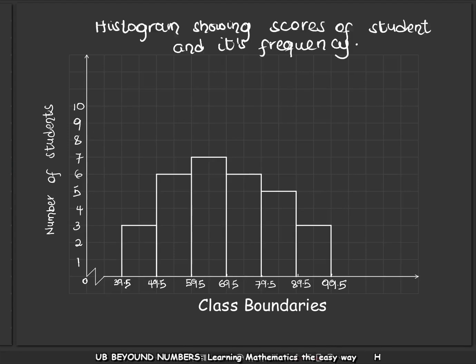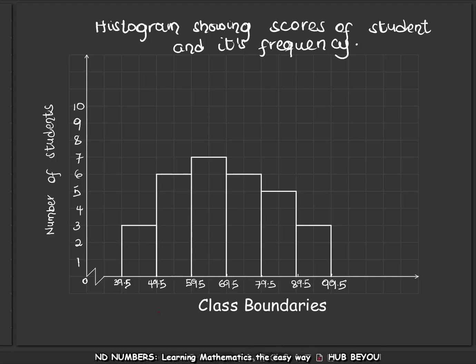So I'm just going to say histogram showing the score of students and then its frequency. All right, just give it a descriptive name so that anyone who takes your work will be able to tell what your histogram is about. So this is how it is going to be if we are to use the class boundaries, right?